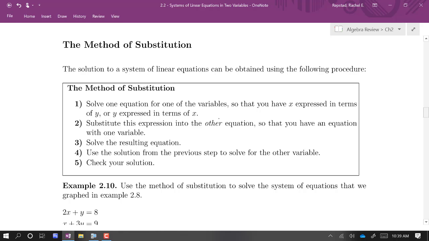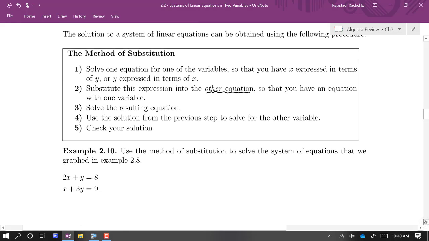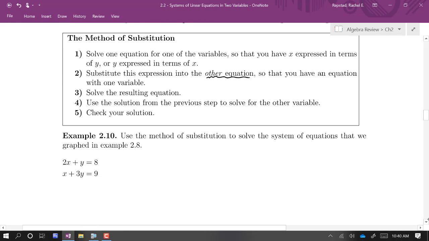You have to make sure that you use the other equation, otherwise all your variables will disappear, and something kind of weird will happen. So you plug it into the other equation, and you'll get an equation with just one variable that we know how to solve. We know how to solve those types of linear equations. And once you know the value of one of your variables, then you can use one equation to solve for the other variable. So that's pretty wordy. I'm just going to show you what I mean in this example.